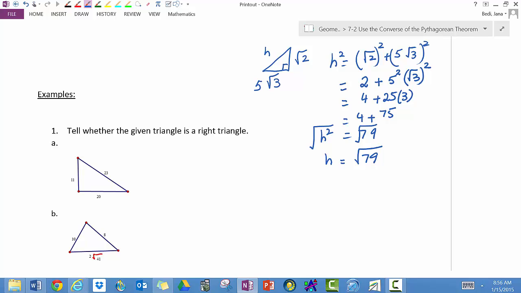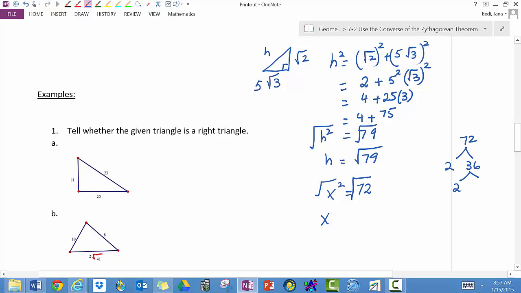But what if we had an answer like this? Let's just simplify this radical. What if I had a number like x squared is equal to 72? Well, if I find the square root of this, what you can do is find the factors: 2 times 36, 2 times 18, 2 times 9, 3 and 3.